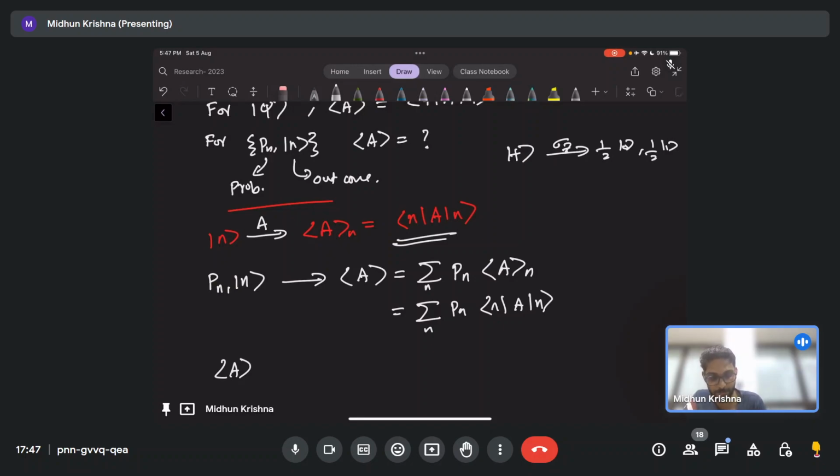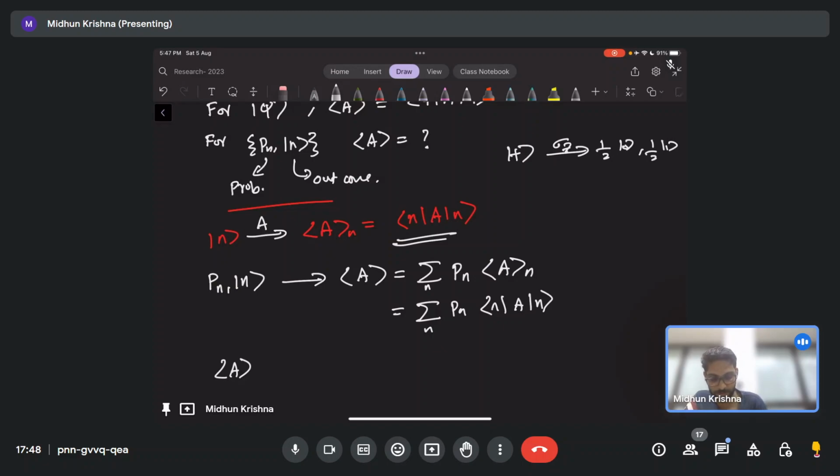The expectation value of an operator A is the sum over n of Pn times the expectation of A in state n, which I can write as the sum over n Pn with an identity operator inserted here. Identity does not do anything, so no harm. But I can expand identity as a sum over k of the outer product of k in some basis.